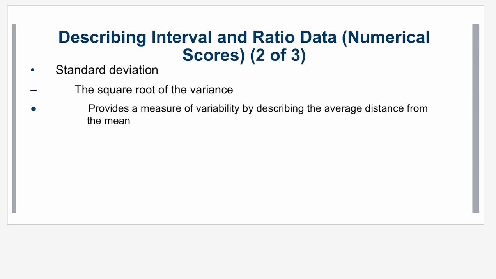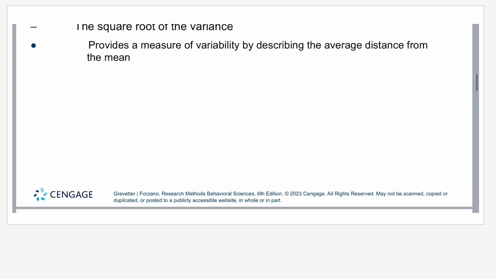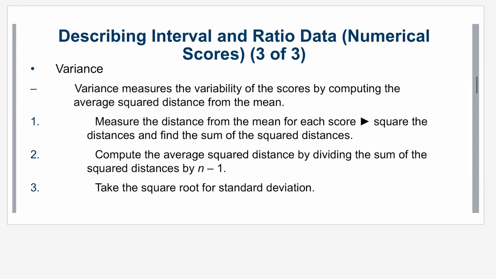Because that's 4 above and 4 below the average of 10. So 70% of your scores are going to be between 6 and 14, and 95% of your scores are going to be between 2 and 18. Okay, so that gives you an idea of how spread out the scores are, and the range of the data as well.